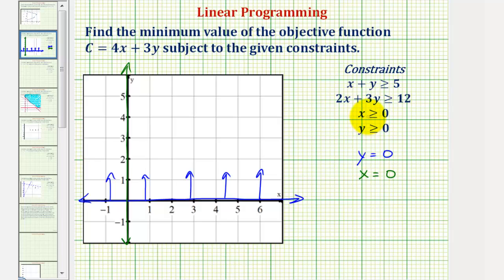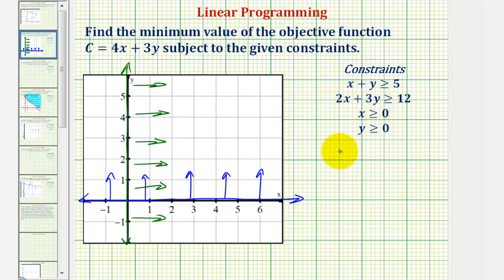And we want to graph x is greater than or equal to 0, which means we'll shade to the right of this green line, which we'll indicate using arrows. So notice how we're only concerned about the first quadrant, because so far the first quadrant is the region that's shaded twice.